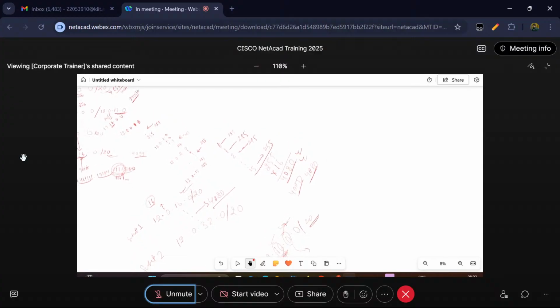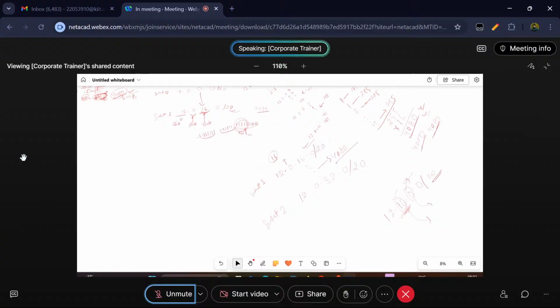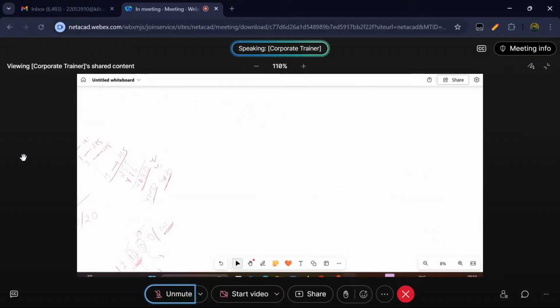Because we are not reserving one IP address for broadcasting. So the last one, we are just removing that. The last IP, see, suppose subnet 0 is this. Just look here. Subnet 0 I have written 12.0.0.0/20. That is subnet 0.